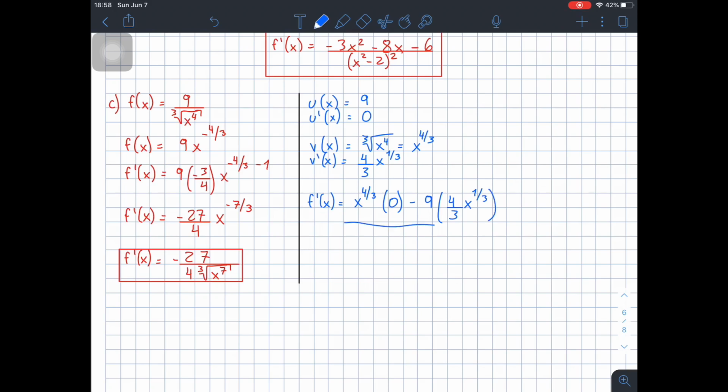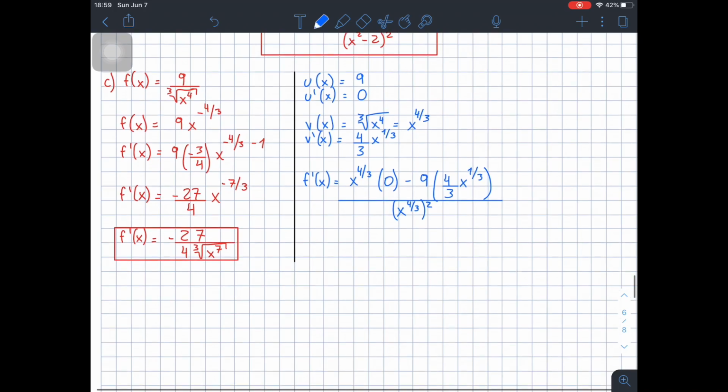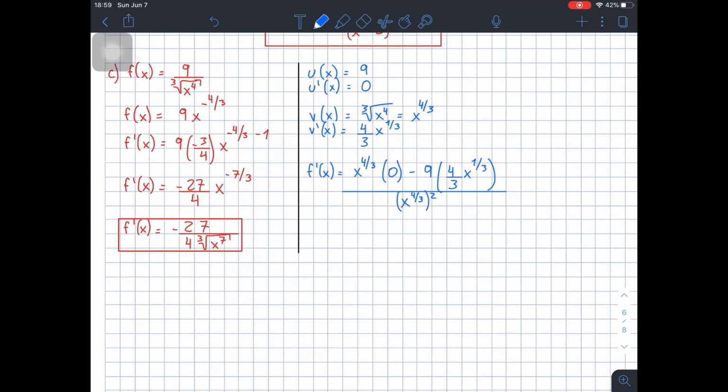And this is being divided by v squared. So that would be x to the power of 4/3, and this is squared. Okay, so we're going to need to apply properties of exponents there.